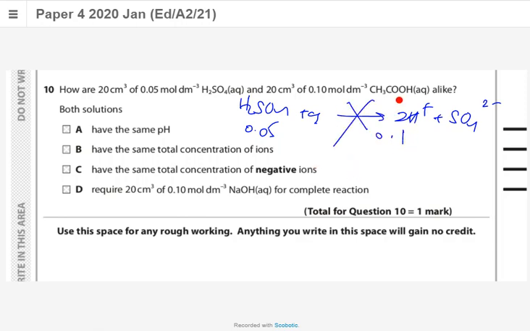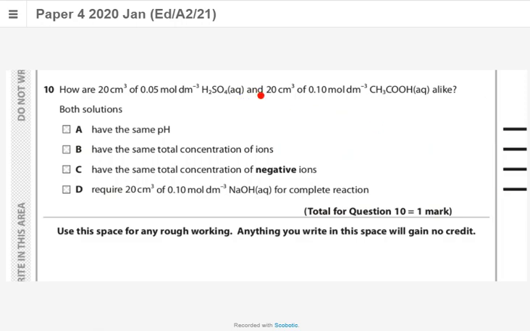But it doesn't happen that way because there are two stages of dissociation for sulfuric acid. One is complete, the second is partial. So if you have 1 M sulfuric acid, it won't give 2 M H+. It will be less than 2 M. So B is wrong, because 1 mole of sulfuric acid doesn't give 2 moles of H+.